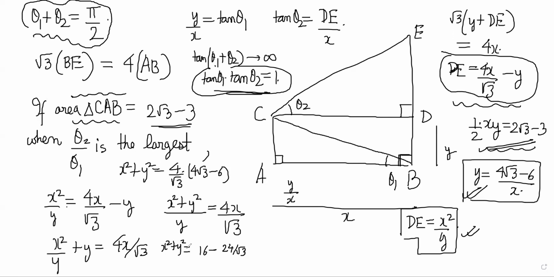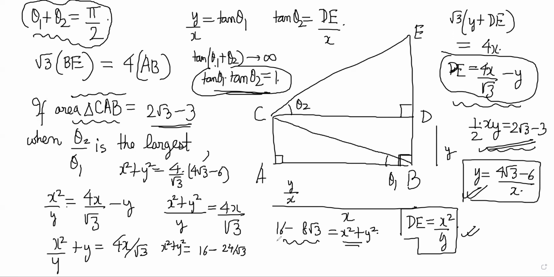Basically this is 16 minus 8 root 3 is x squared plus y squared. This is a perfect square, right?